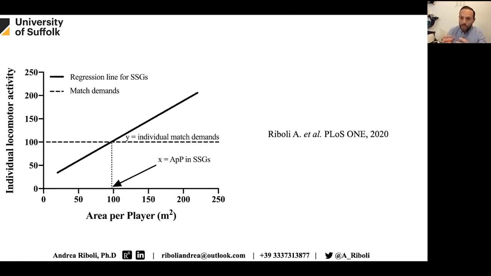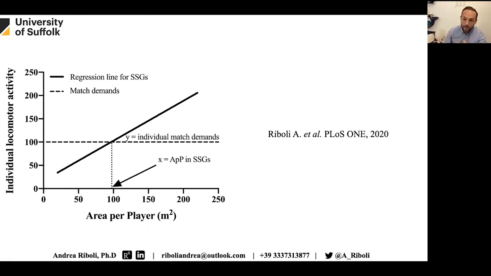So we decided to share practical information with our coaches. We tried to create a research project using a link between area per player and external load during different formats of small-sided games, considering the relationship between pitch size and external load.